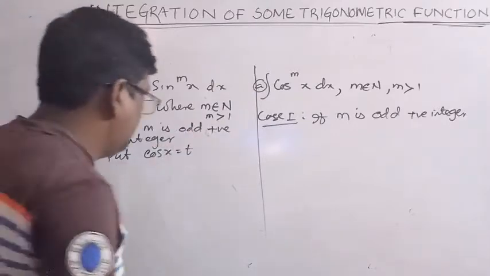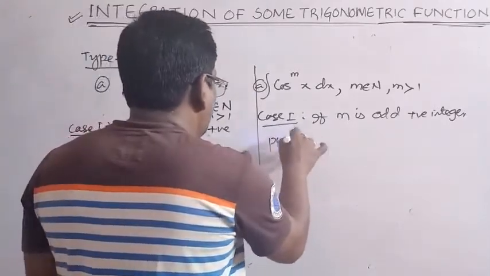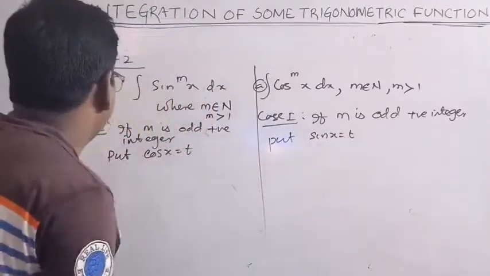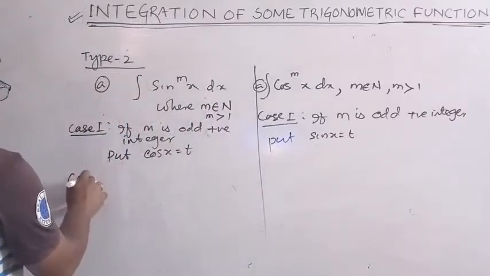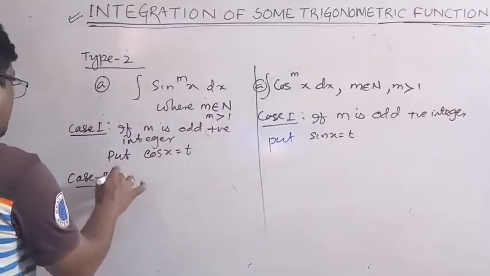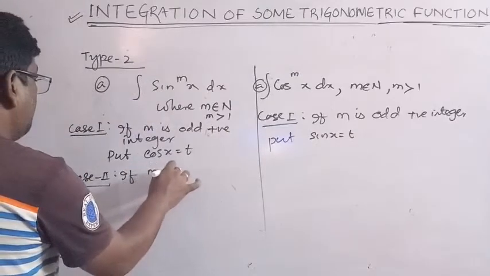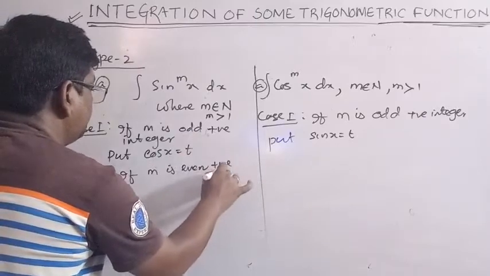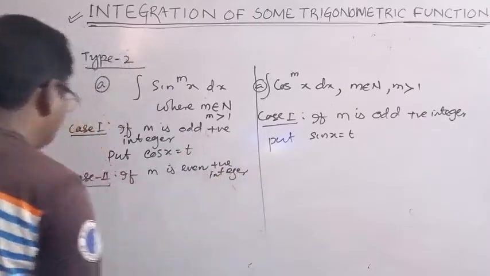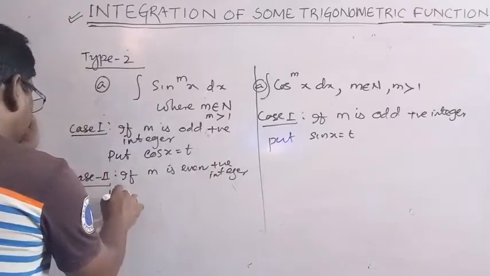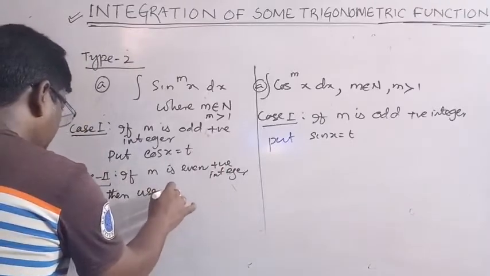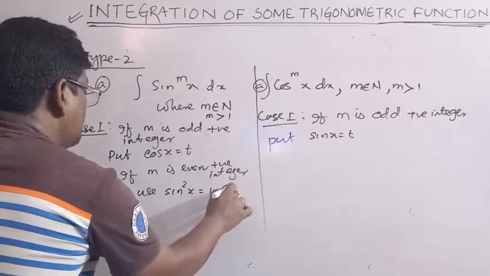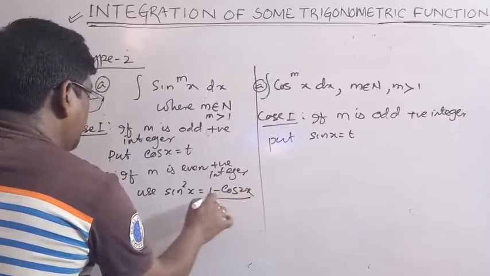Here put sin x is equal to t. Case 2: if m is even positive integer, then use sin square x is equal to 1 minus cos 2x by 2.